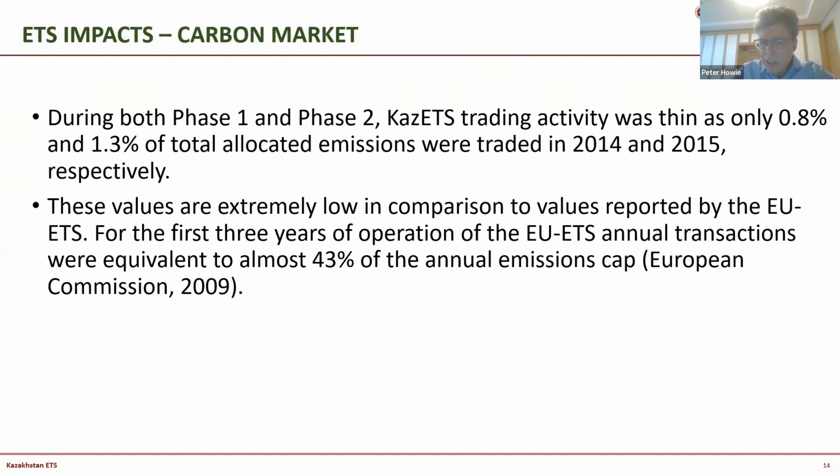So this shows there's no really good market development in carbon in Kazakhstan. And I'll put that into context in the EU. For the first 3 years of operation of the EU ETS, or phase 1, almost 43% of the annual emissions cap was traded in the market. So it was quite a liquid market.